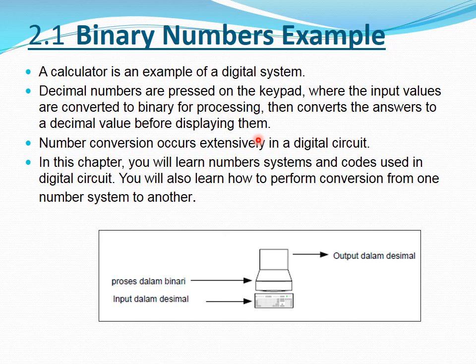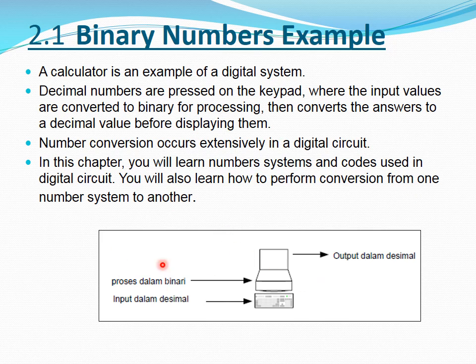Number conversion occurs extensively in a digital circuit. In this chapter, we will learn the number systems and codes used in digital circuits. You will also learn how to perform conversion from one number system to another.